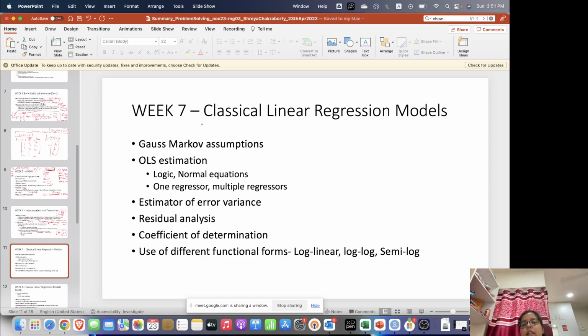After that, during week 7 we learnt about the classical linear regression model and the Gauss-Markov assumptions. So the Gauss-Markov assumptions were the homoscedasticity assumption, no heteroscedasticity, no autocorrelation.